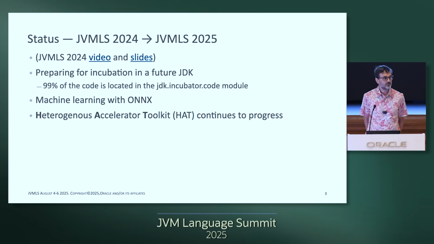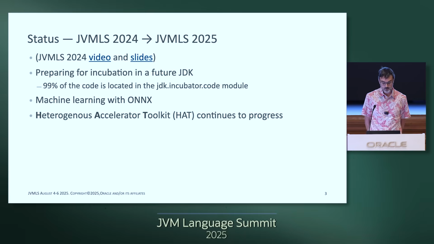And we put 99% of the code in its own incubating module, which is a really good sign that we're preparing. And I think this will launch us out into other people being able to experiment with this feature. We've been experimenting with it ourselves, but what we need to do is get more feedback. And so this allows us to present this feature in the platform, but make mistakes and fix them before they're permanent. And that's what we want to know about.